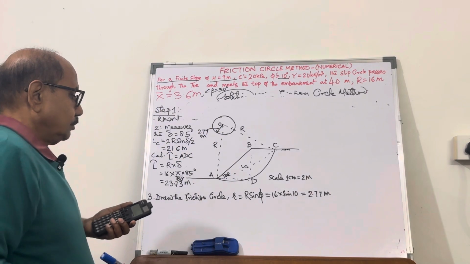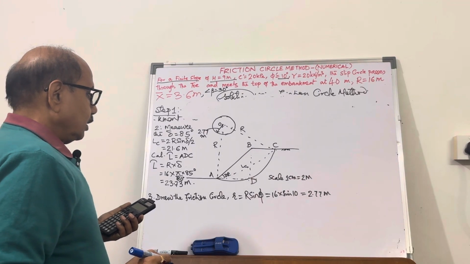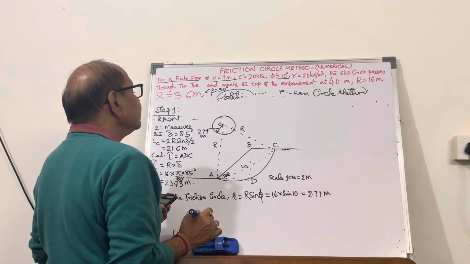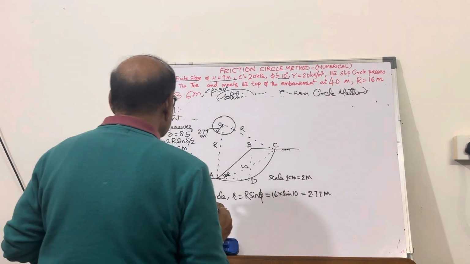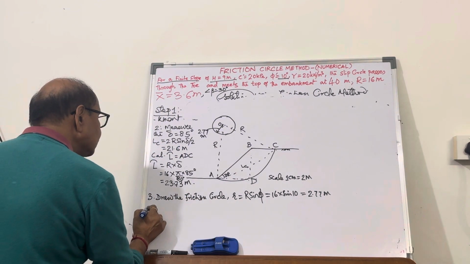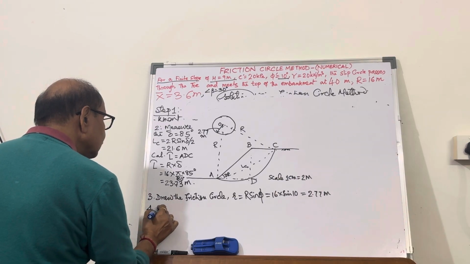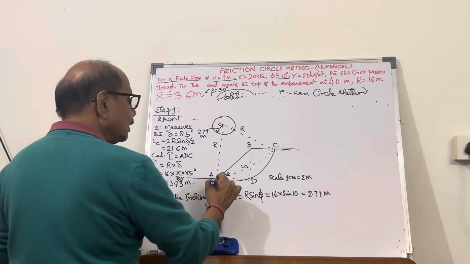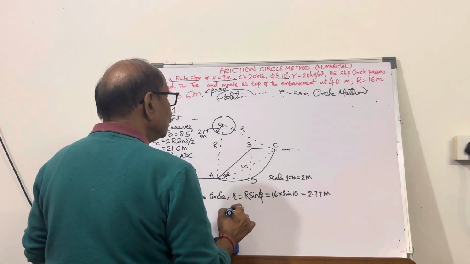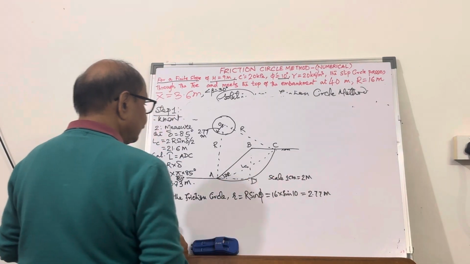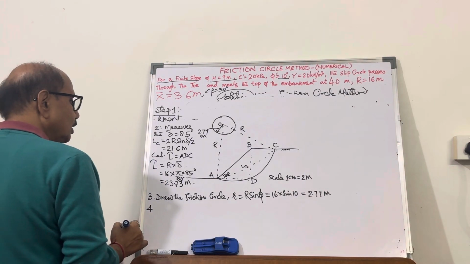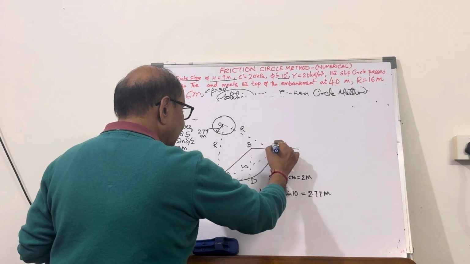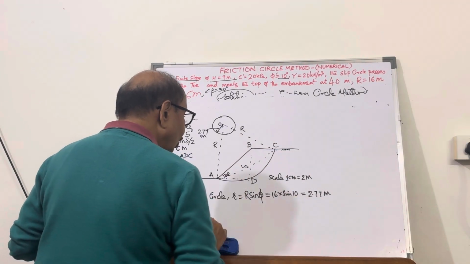Now let's calculate the length LA, that means where the cohesive force is going to act. So the mobilized cohesion, as you know, is going to be parallel to AC, or the length of the chord.